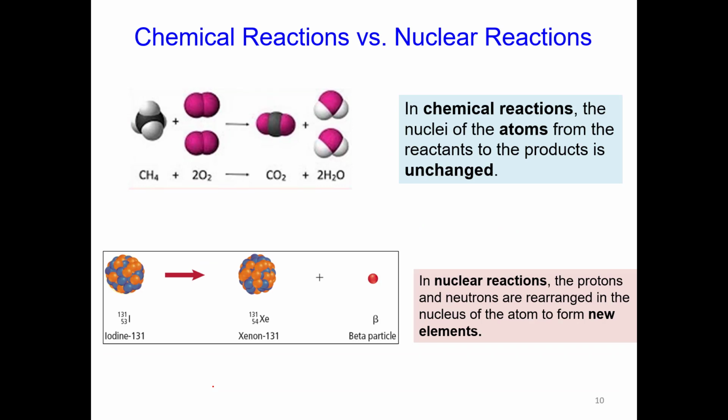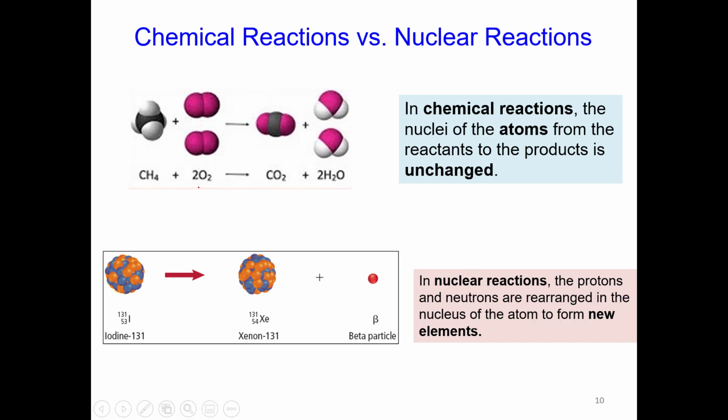Then here I want to establish the difference between chemical reactions and nuclear reactions. In the chemical reactions that we studied in the last chapter, we had the same elements on one side and on the other side of the chemical equation.